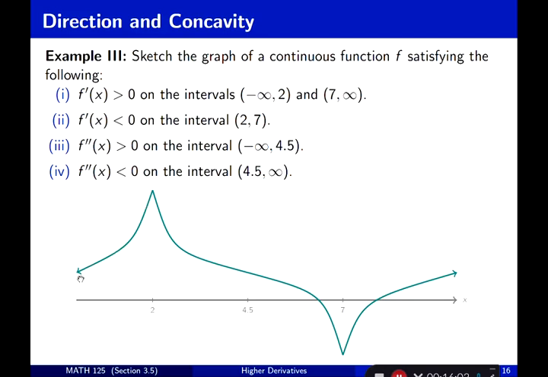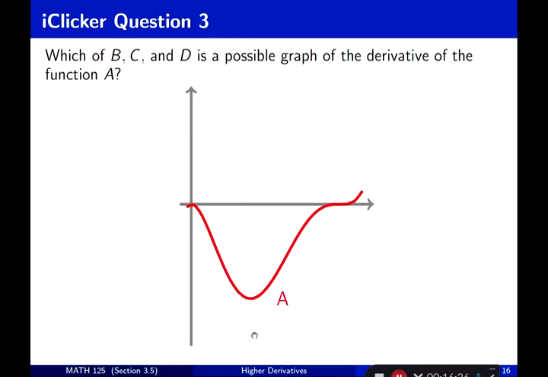With just the concavity and increasing, decreasing, you can graph a lot. For a specific graph, more information is needed.